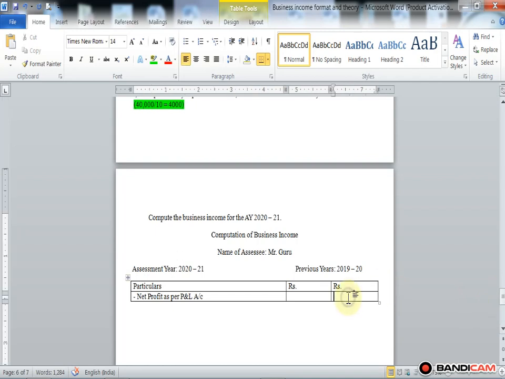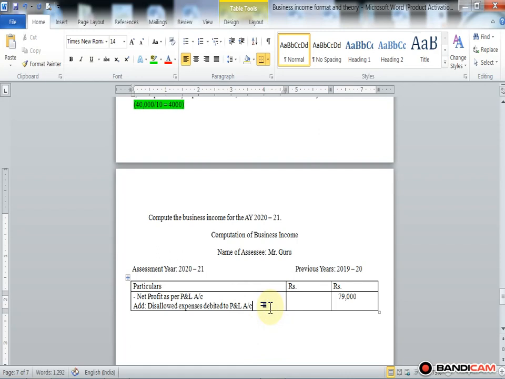So here 79,000. Then we add disallowed expenses debited to the P and L account.